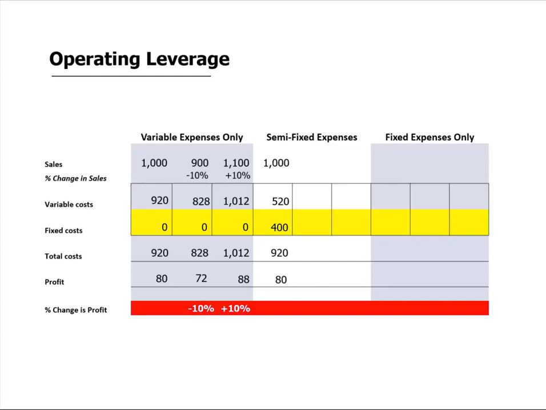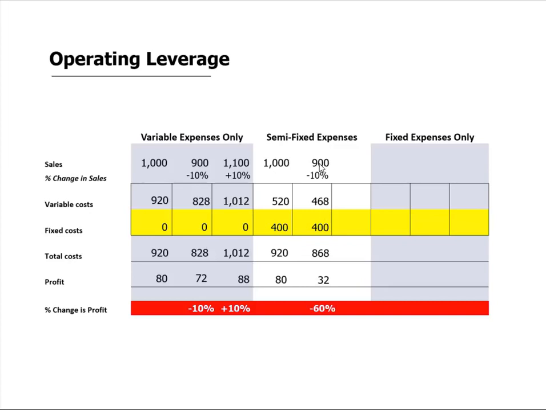What if we miss our sales target by 10%? We have a lower manufacturing cost, but our fixed costs remain unchanged. So our total costs do come down a little bit, but now notice the drop in profitability.